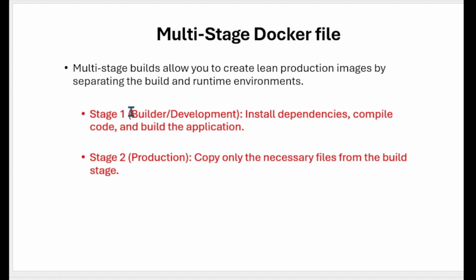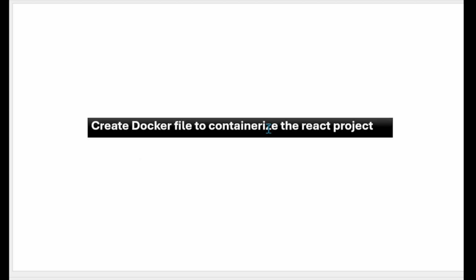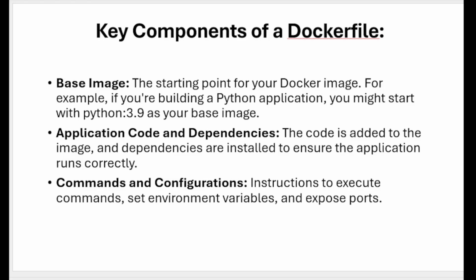If you observe in a single stage Docker file, in a normal Docker file, we used to have a base image, application code, and dependencies. Everything is happening in these three, even running also.